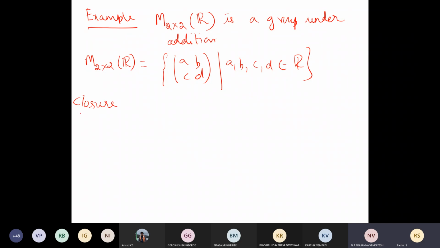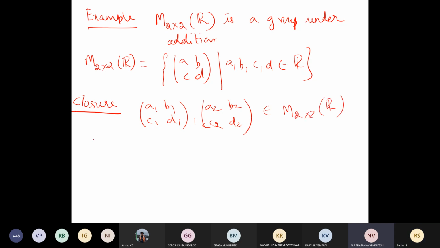Group. So take the closure property. Consider 2 matrices, A1, B1, C1, D1 and A2, B2, C2, D2 belonging to M2 cross 2 over R. When does their sum belong to M2 cross 2 over R?